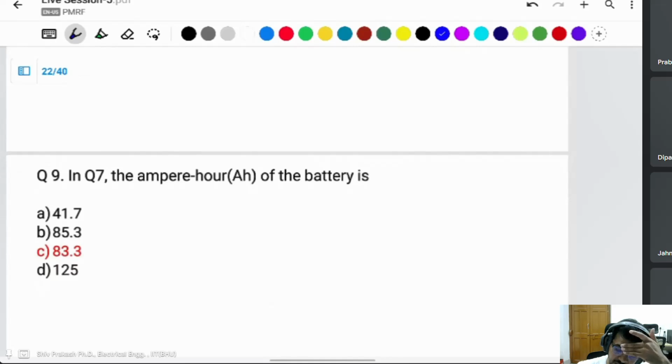In this question, what is the ampere hour of the battery? We take 1600 for an efficient battery, then multiply DOD into 24.